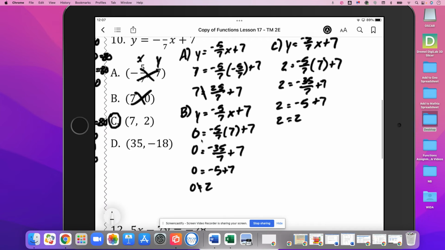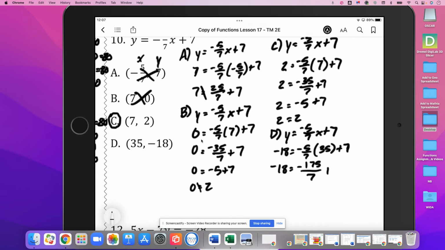And then lastly, for this problem D, y is equal to negative 5/7 x plus 7. And we have negative 18 equals negative 5/7 times 35 plus 7. So negative 18 is equal to, what is that, 175? Negative 175/7, I think, plus 7.